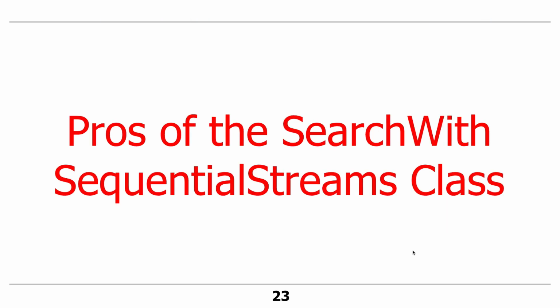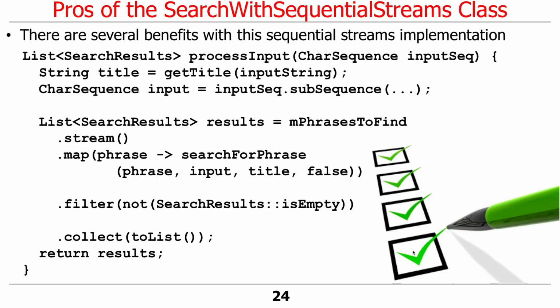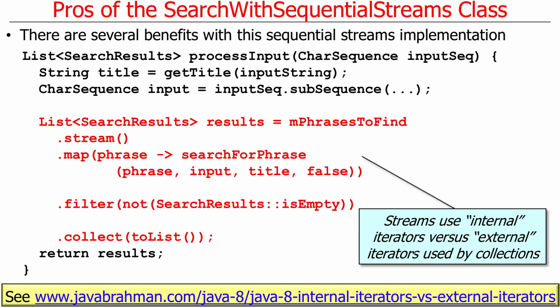Okay, so let's also talk about the pros and cons. Now that we've looked at this entire sequential implementation, let's evaluate it. There are a number of benefits with using sequential streams for what we're trying to do here. One of them is the fact that streams use internal iterators, and that's just the nature of the way a stream works, versus external iterators that are used by more traditional Java collections.